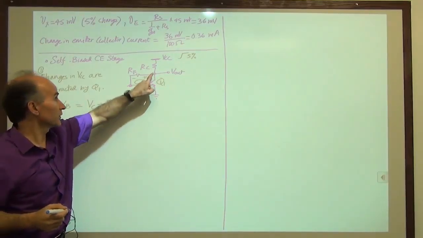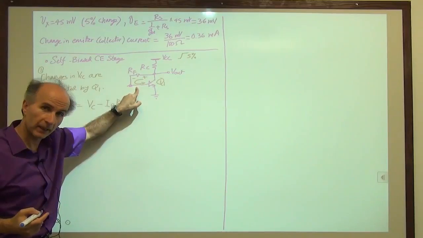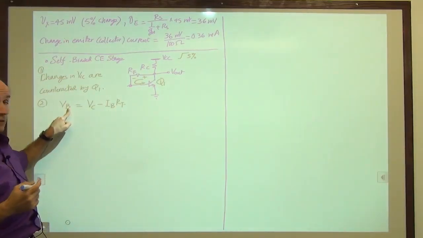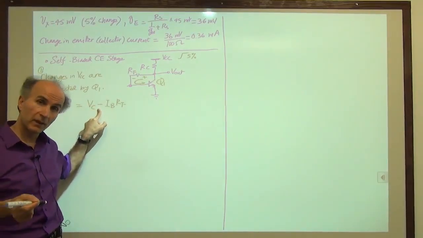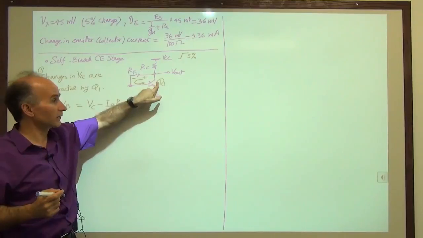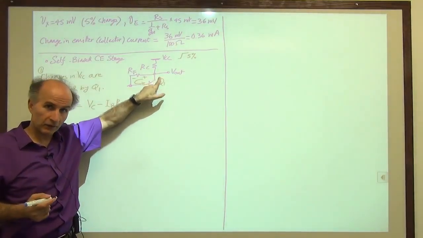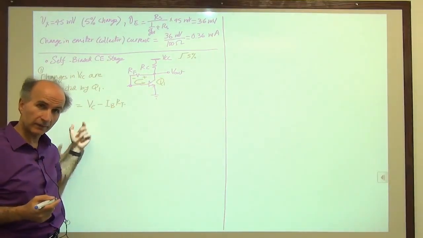So we start with a certain voltage here, and we lose a certain amount, IB RF, before we get to the base. That much. This says that the base voltage is always less than the collector voltage. Why is that good? It's good because it guarantees that this device does not go into saturation. For saturation to happen, the collector voltage should dip below the base, but this doesn't allow it.